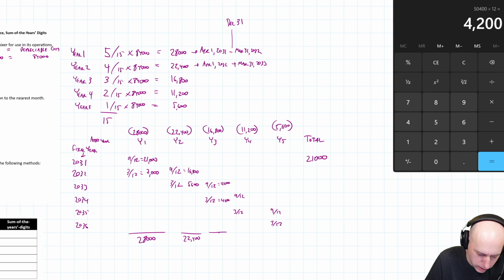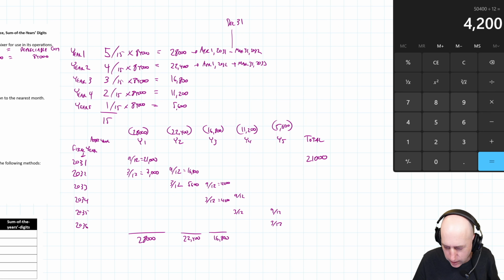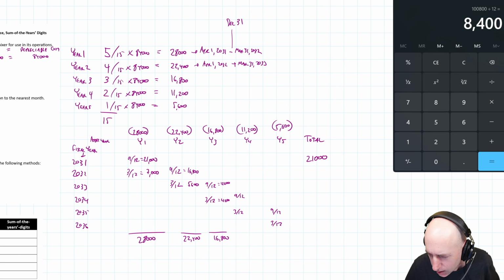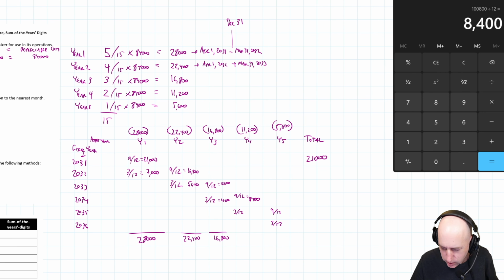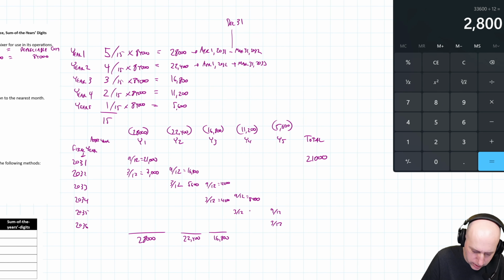And the total is 16,800. 11,200. 11,200 times 9/12, 8,400. And 11,200 times 3/12, 2,800. And that does, in fact, add to 11,200.